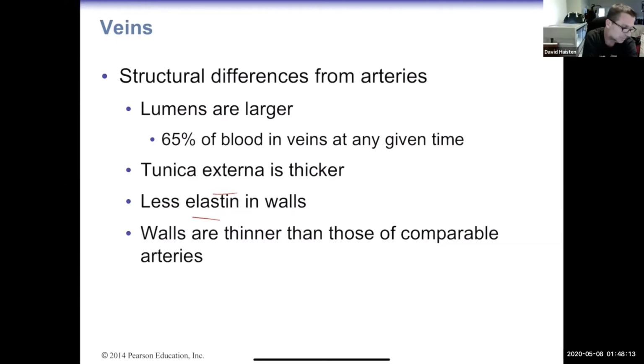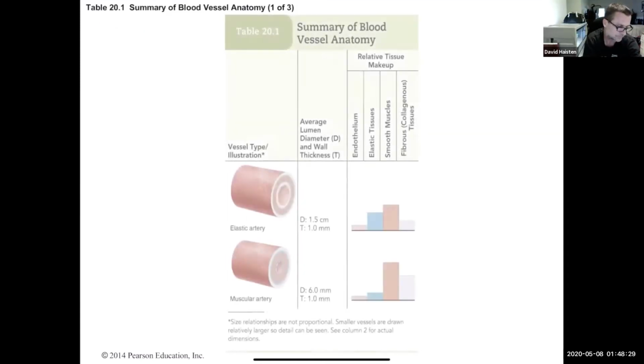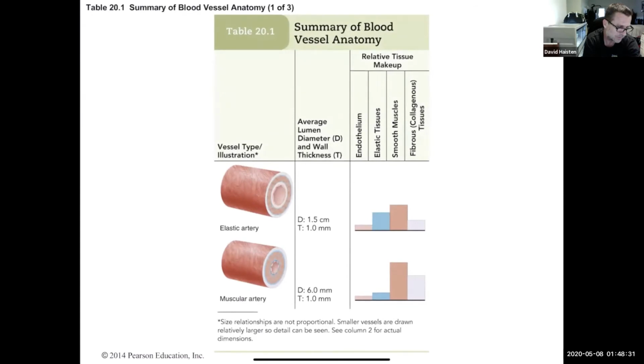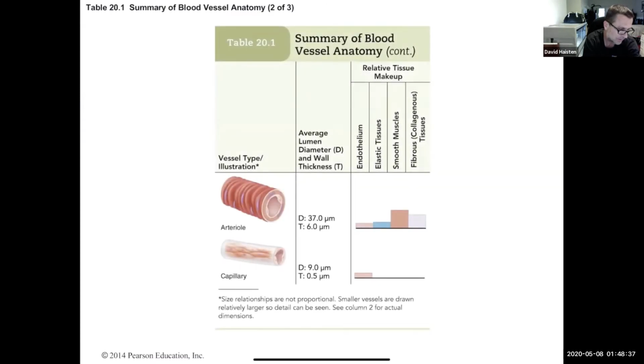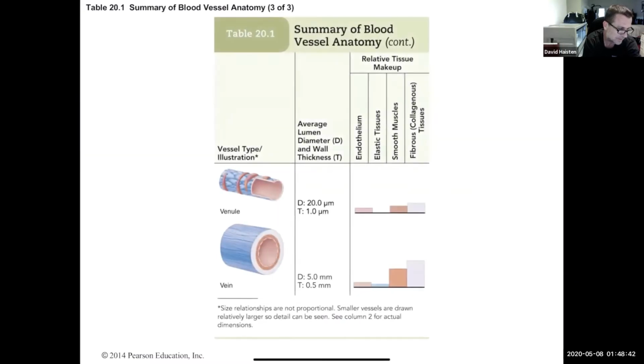But a large proportion of veins is tunica externa. 65% of your blood is in your veins at any time. The blood is slow to return back to the heart. Okay, so here's a play-by-play, just a summary, just comparing elastic artery, muscular artery, arteriole, capillary, relative tissue makeup, thicknesses, and then looking at venules and veins.